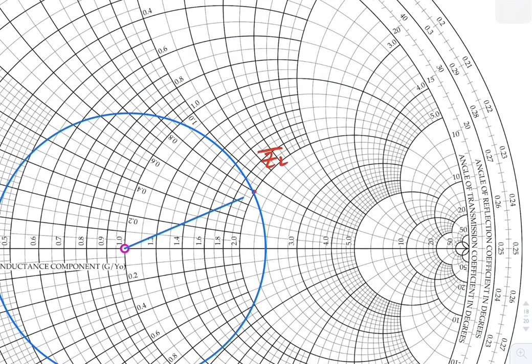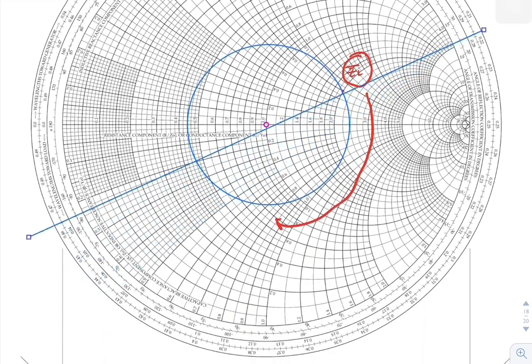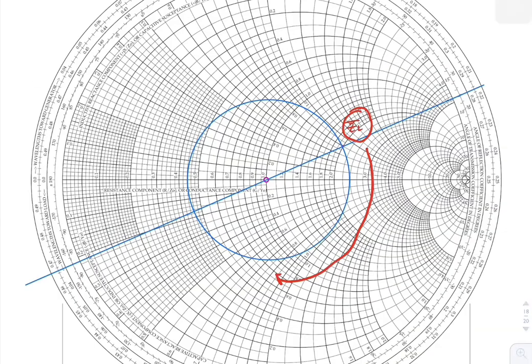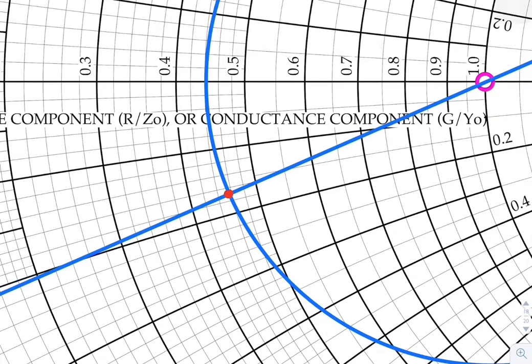Let me draw a line to represent the load. Therefore, from this load, you have to travel 180 degrees in the clockwise direction towards the generator, which represents the extension of this line in the other direction. The point of intersection of these two curves is this point, and the value of r here is 0.5 and here is 0.4.